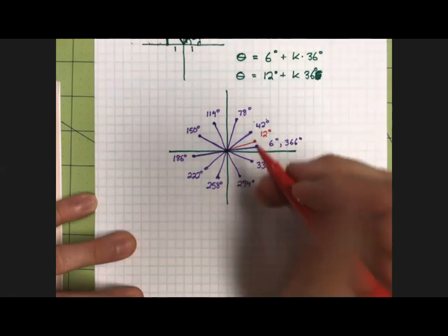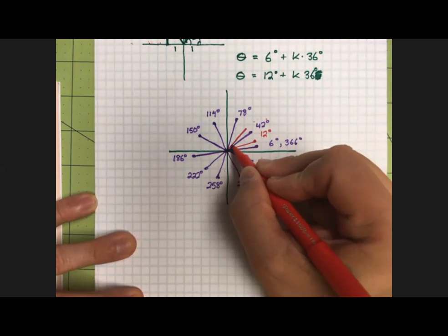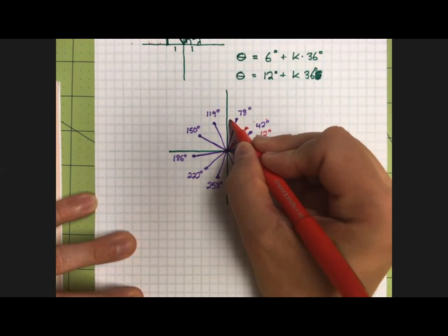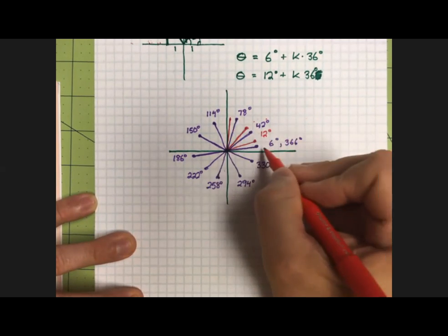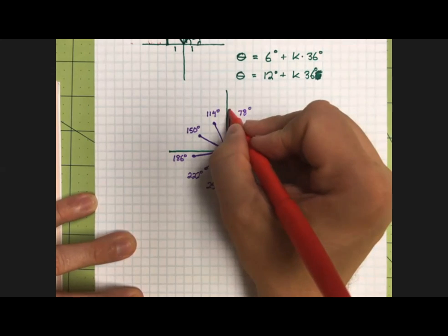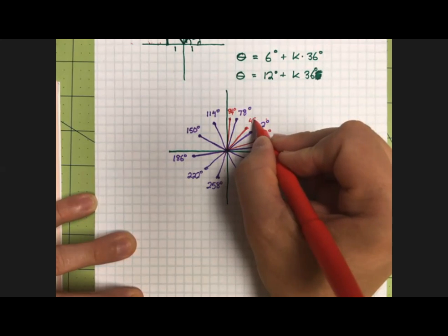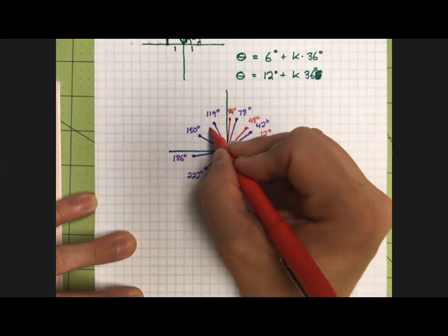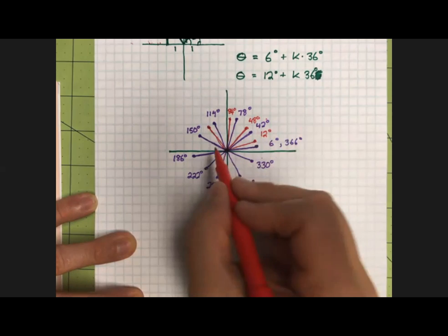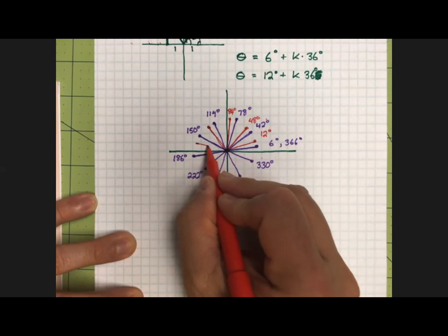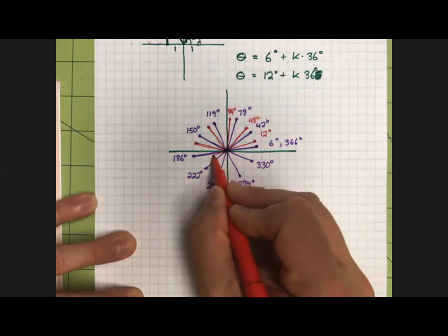Okay, if I succeeded with the purple ones, now I'm just going to draw red ones that are right next to the purple ones. 6 more degrees would be 84 degrees, 48 degrees. Now, the reason I'm drawing all these is because I want to show you when I see the graph that I should see all these answers.